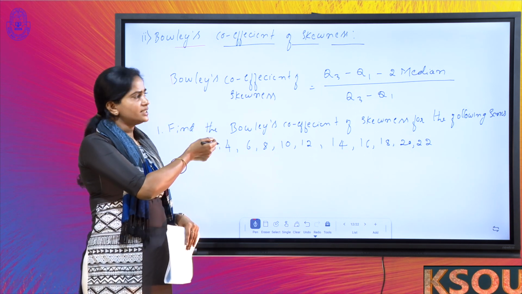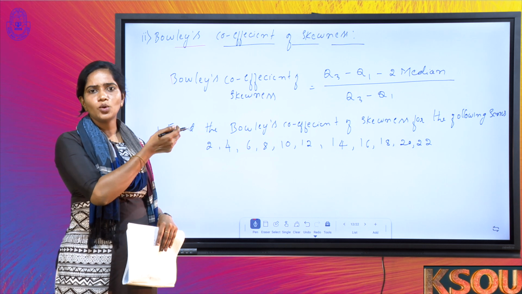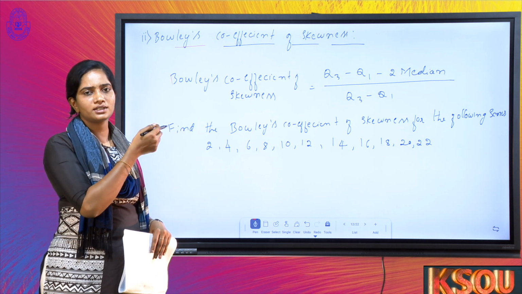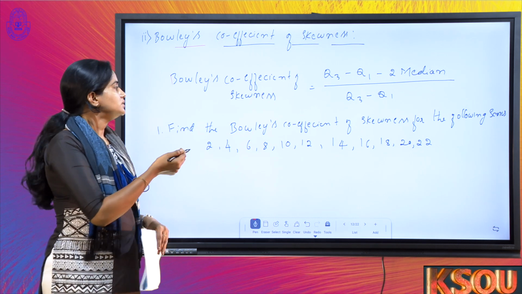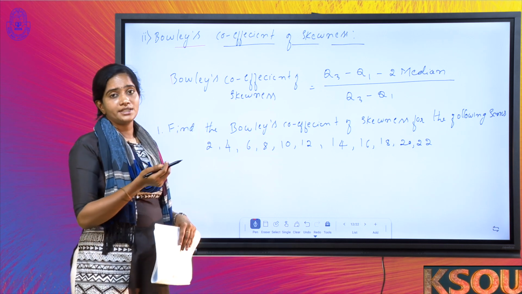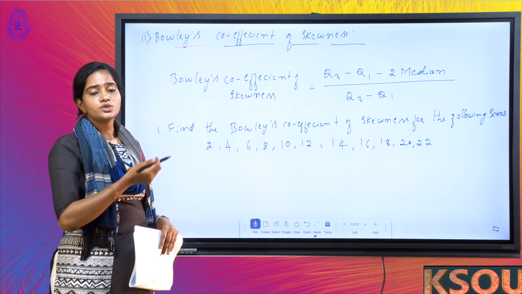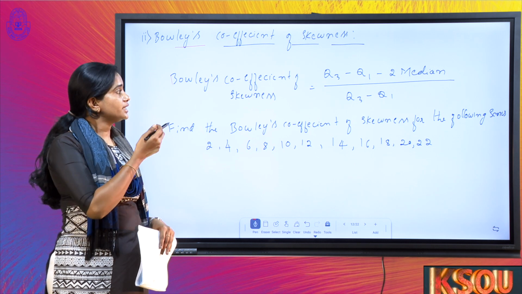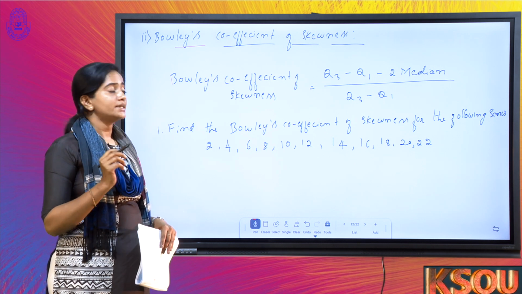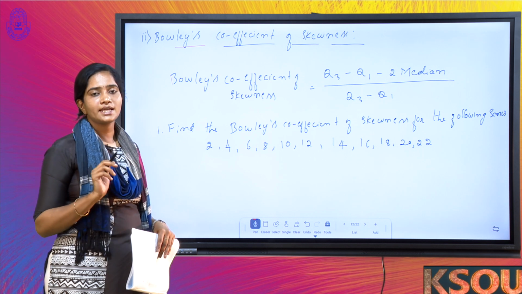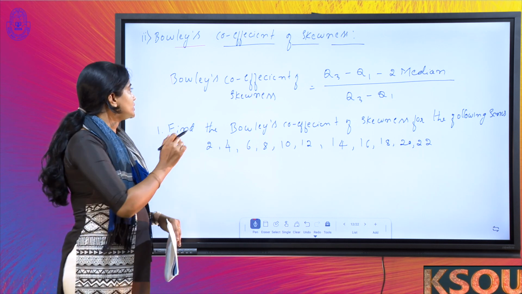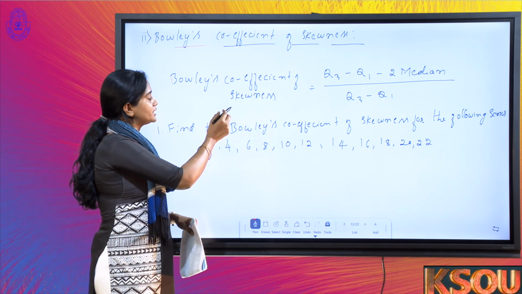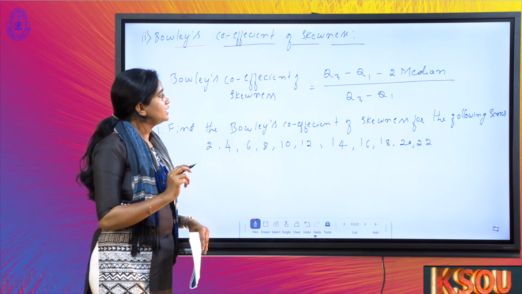You have already studied this in median and mode when you have continuous class intervals, and quartile deviation too. There we used to calculate Q3, Q1 value, isn't it? Here also we will follow the same formula in order to calculate Bowley's coefficient of skewness.